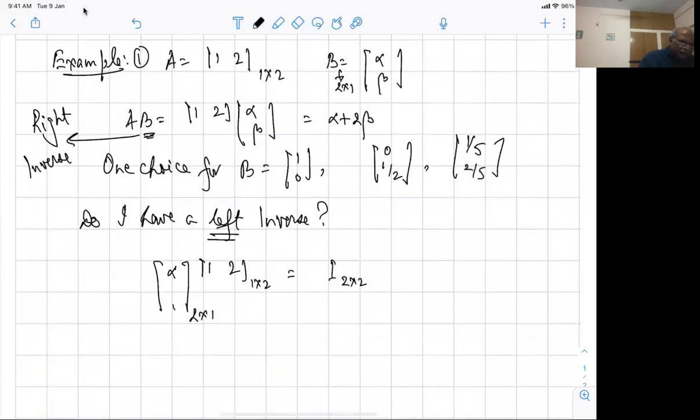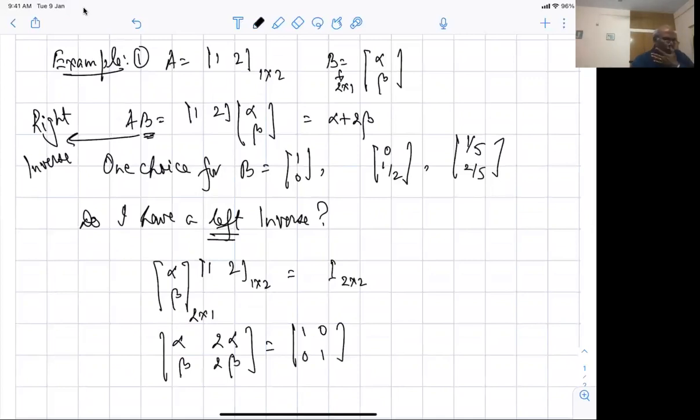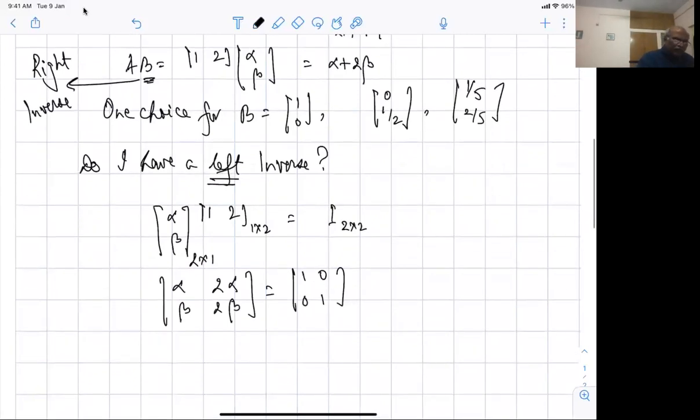Let's write alpha and beta here. I get alpha, 2 alpha, beta and 2 beta. Fine. This is what I get. So this should be equal to 1, 0, 0, 1. Fine. So whatever you do, just have a look at it. This will imply that alpha is 1 as well as 2 alpha is 0.